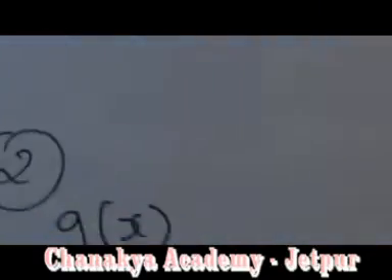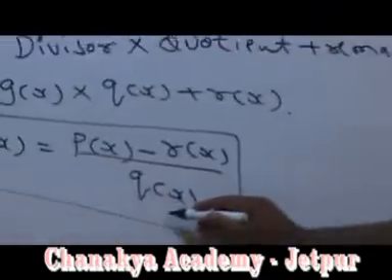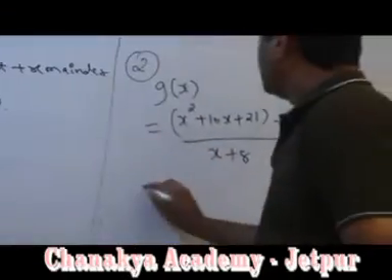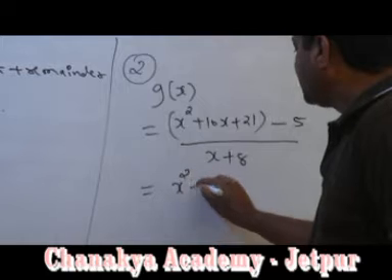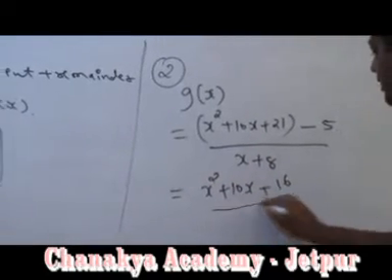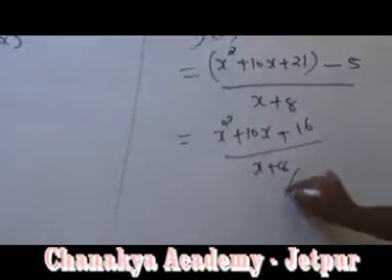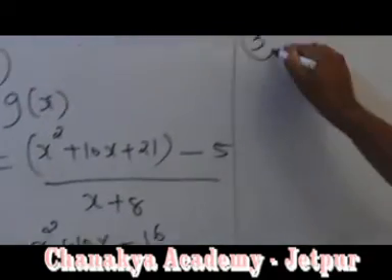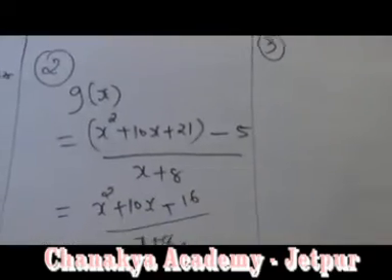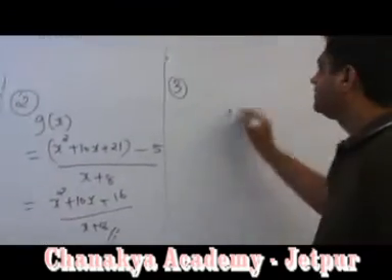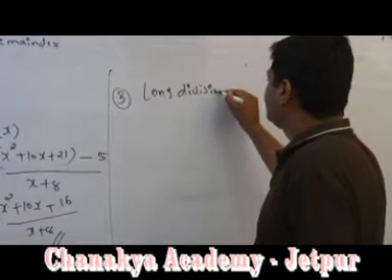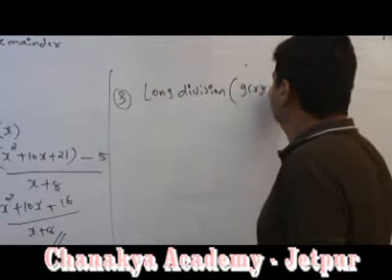Subtracting 5, divided by q of x, the quotient, which is x plus 8. x square plus 10x plus 21 minus 5 equals x square plus 10x plus 16, divided by x plus 8. Our last step is long division. We are performing long division in order to find g of x.